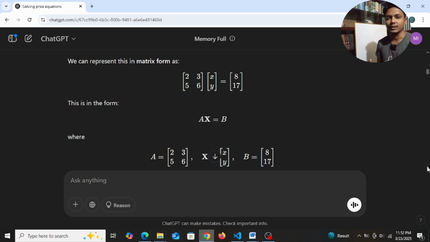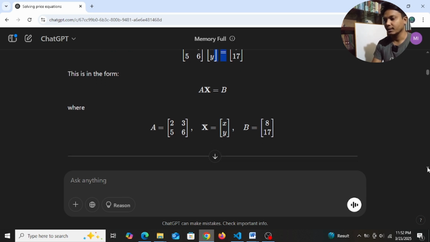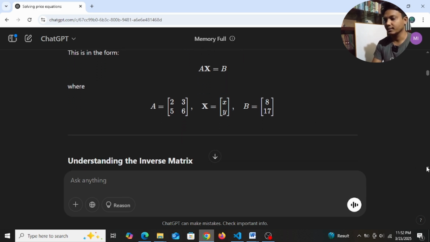Now we can understand that simple things can be presented in matrix form as well. This is in the form Ax equals B, where this is the A matrix, this is the B vector, and this is the x vector. So we can write Ax equals B, understanding the inverse matrix.